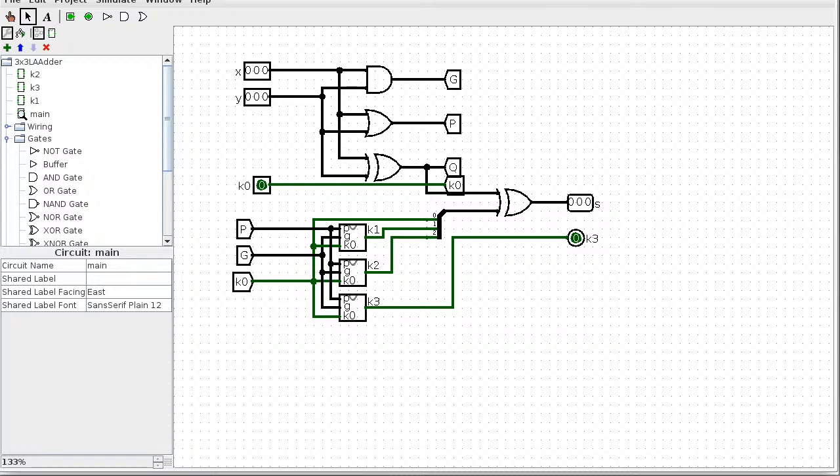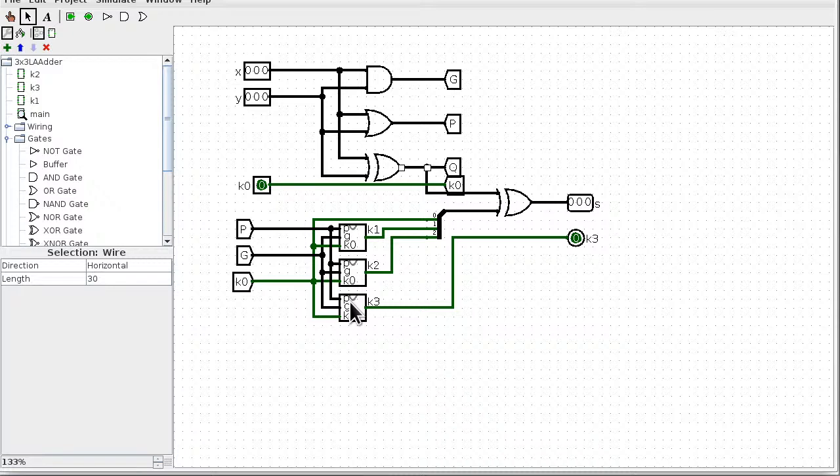Yeah, if you don't use the tunnels, that's fine, because you can just connect the output of these gates directly to the input of the K1, K2, and K3 circuits. So that's actually okay. The tunnels make the whole thing look a little bit nicer, and it's also kind of self-documenting.